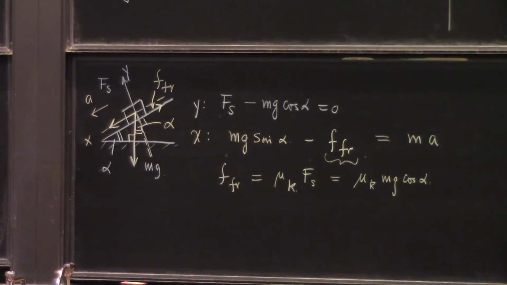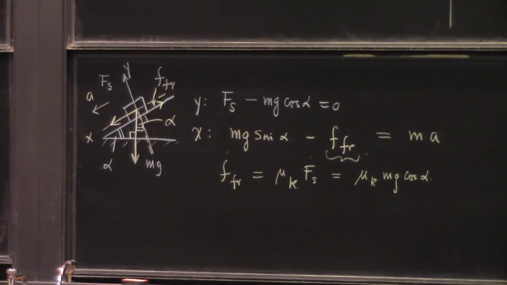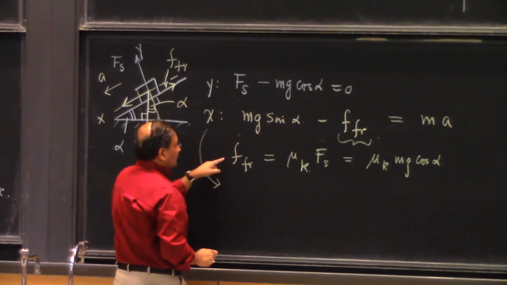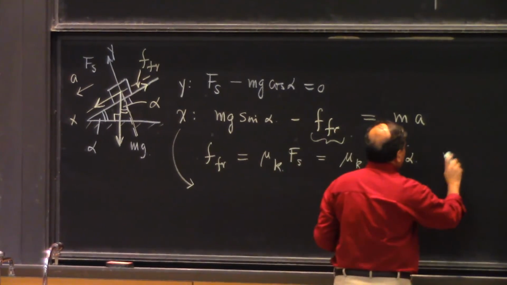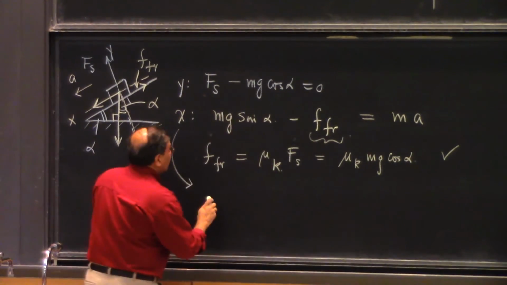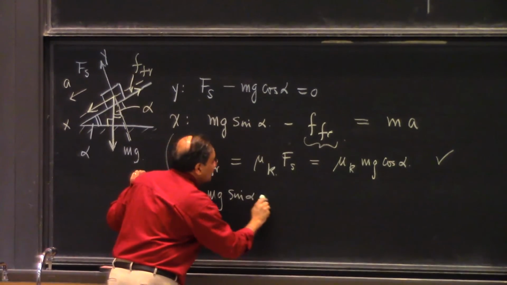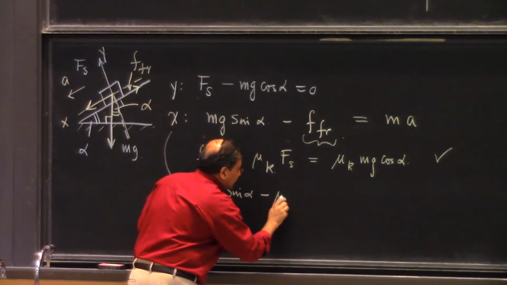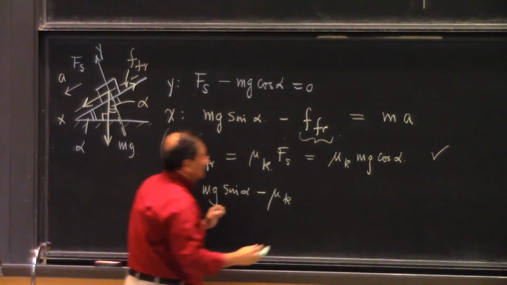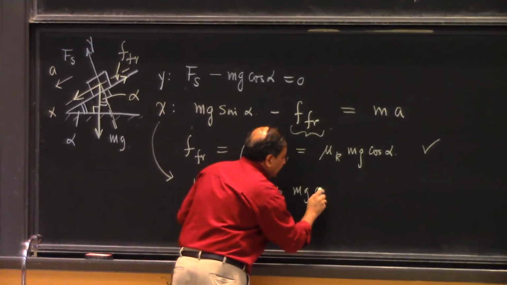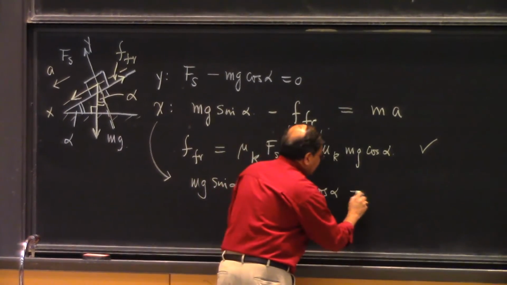So my x equation with this condition becomes mg sine of alpha minus mu k mg cosine of alpha equals ma.